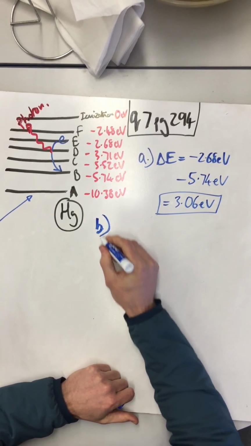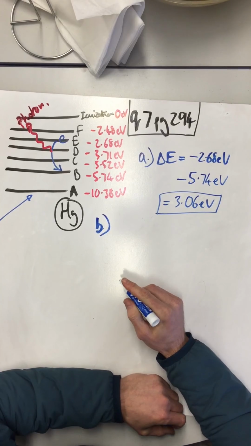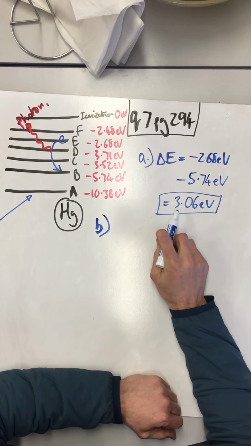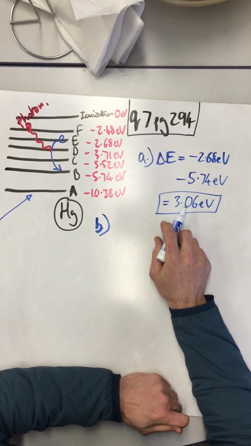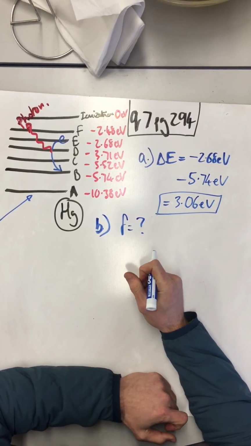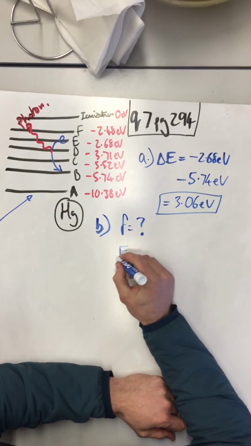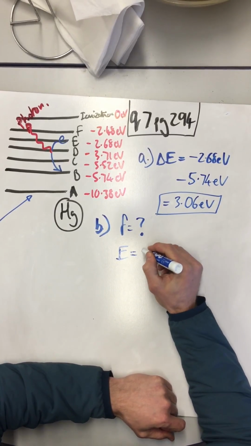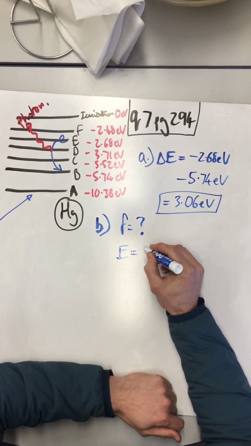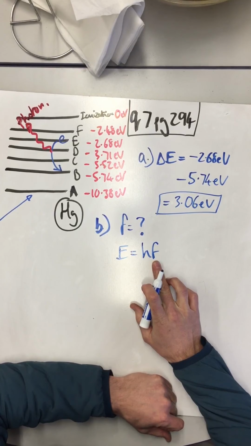Question B. It asks, what is the frequency of the photon that would be emitted? So I'm trying to find the frequency. Well, what do I know? We've already taken a look at Planck's constant, and hopefully you can remember that the energy of a photon is equal to Planck's constant times the frequency.